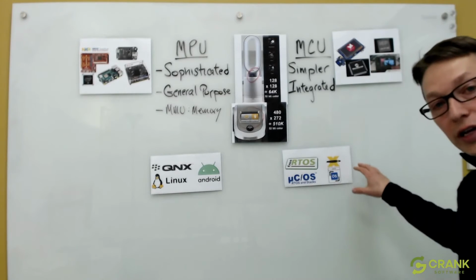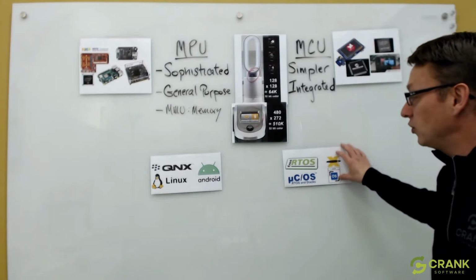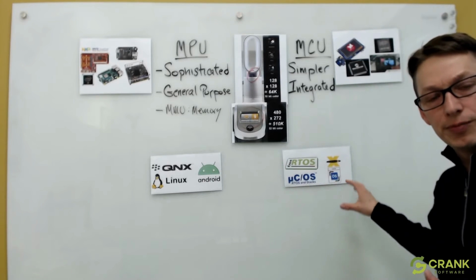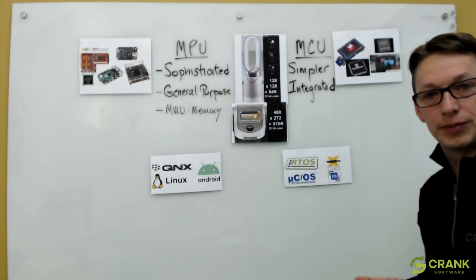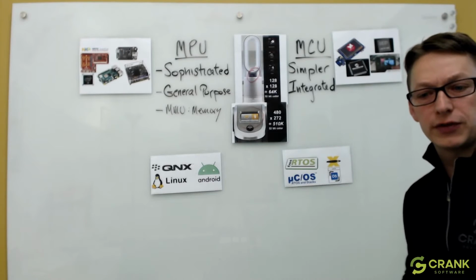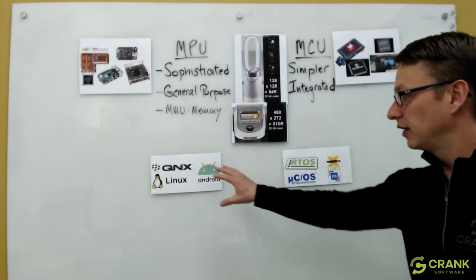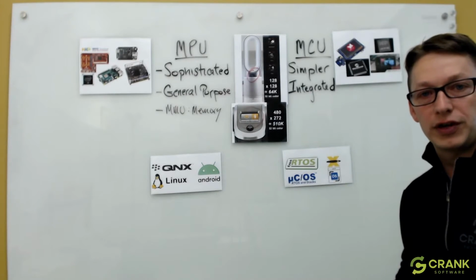If I compare that working model to what you see with an MCU, where typically you're using a real-time executive type of configuration, what's the difference between a real-time executive and our standard operating systems?